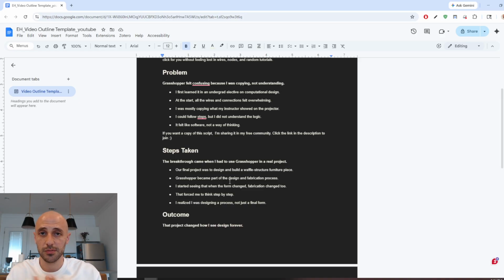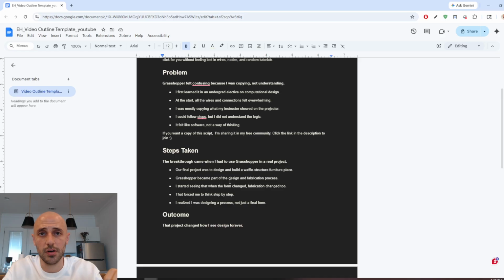The furniture was built, but the most important thing for me during that process was not that we were able to build something, but it changed my perspective on design. Before, I was looking at design as the final form, and how we get there was not a priority for me.